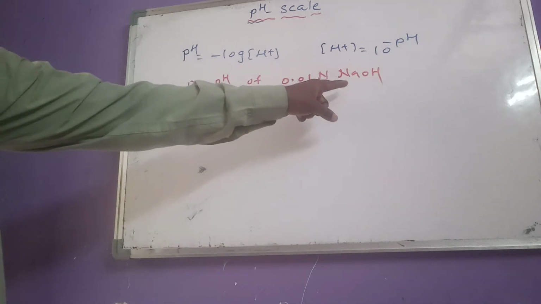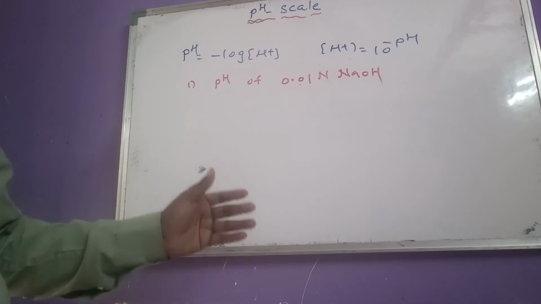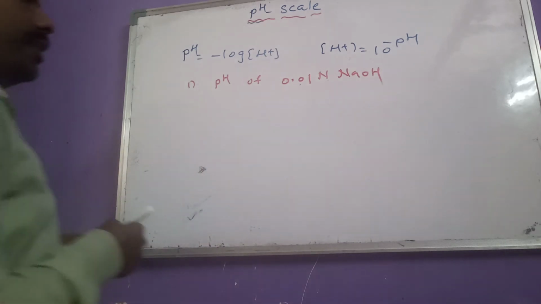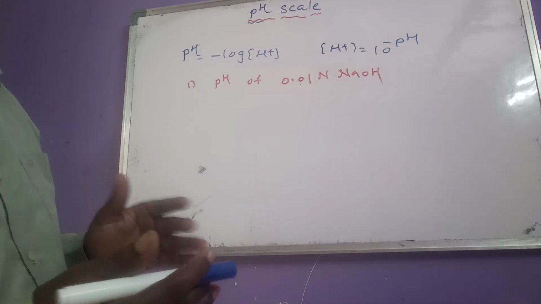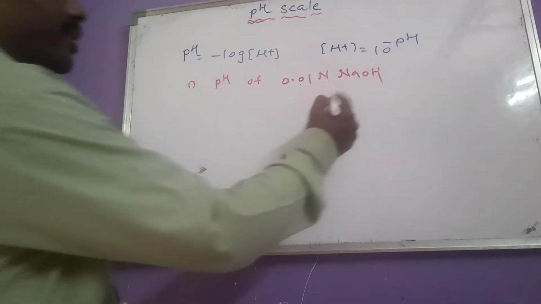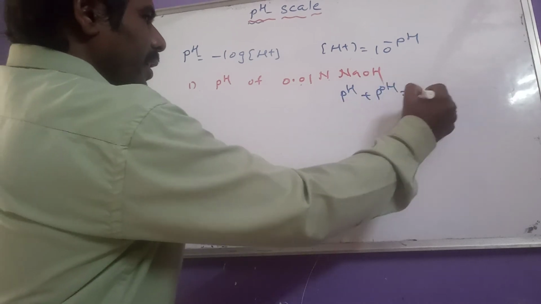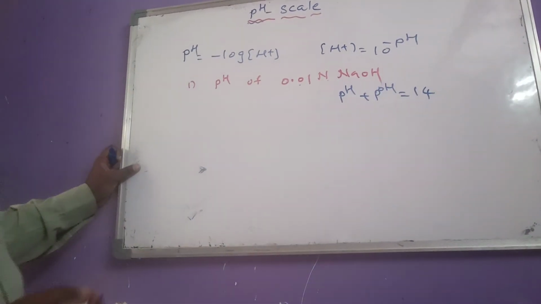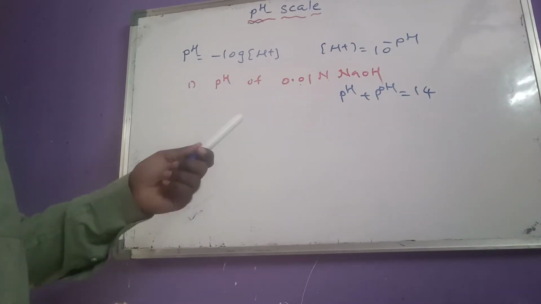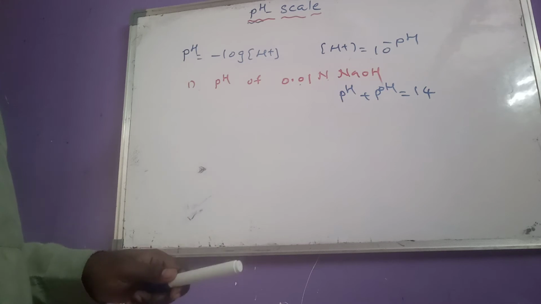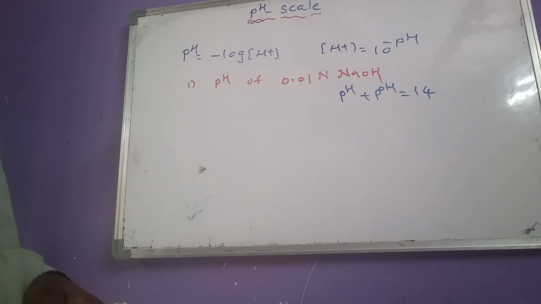As it is a base, first we have to calculate pOH. So what is the relation between pH and pOH? We also have to learn. pH plus pOH equals 14. By using this expression, we can calculate pH by using pOH, or vice versa. Like that, pOH also we can calculate.